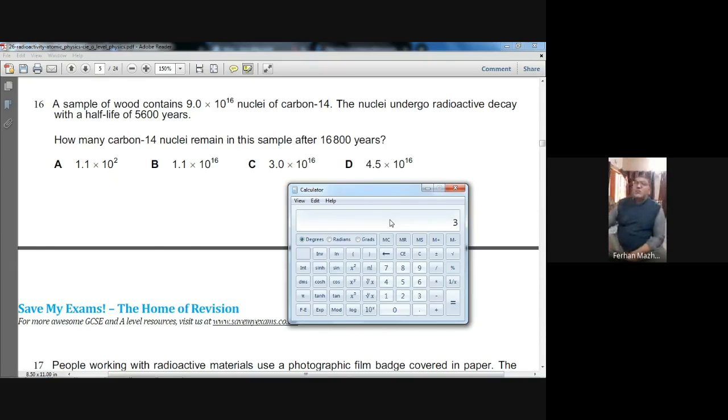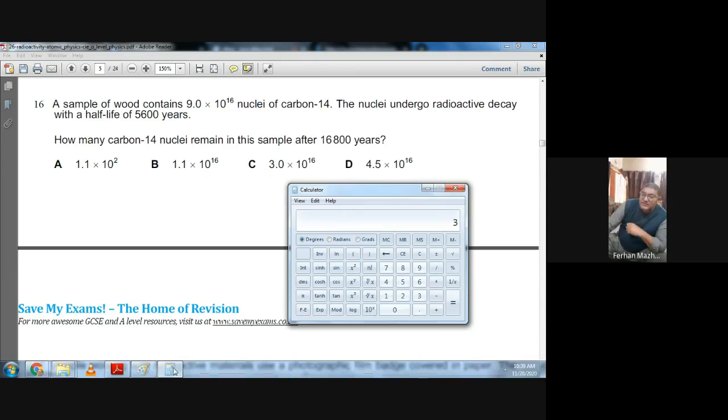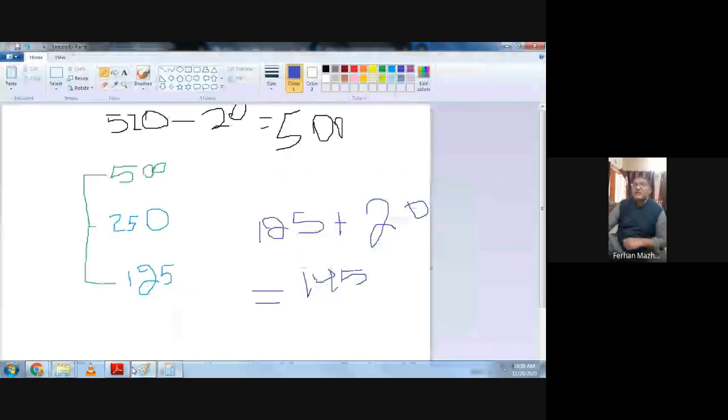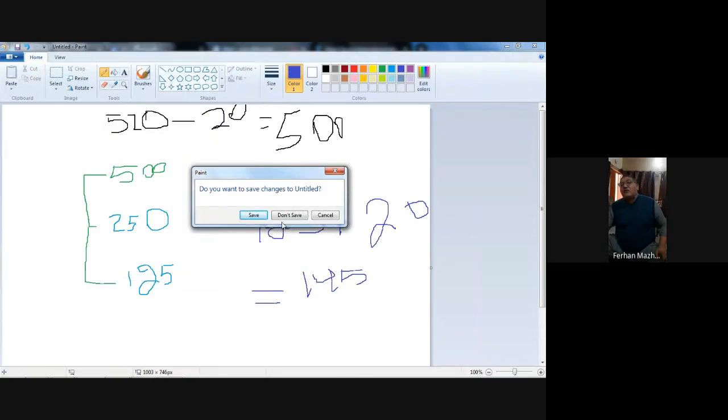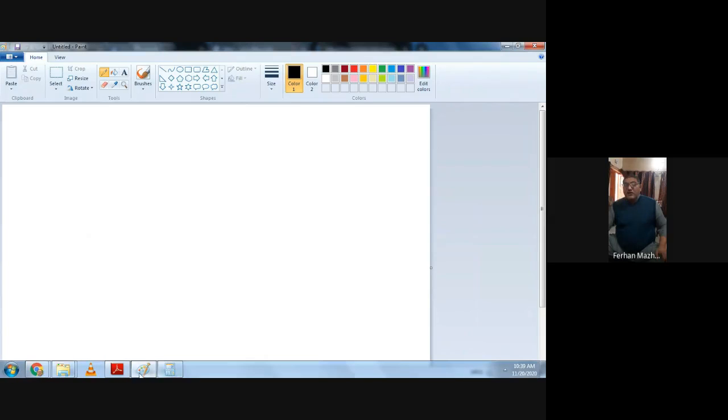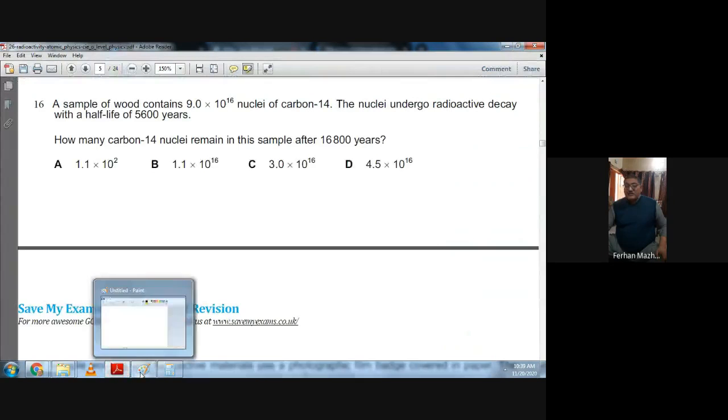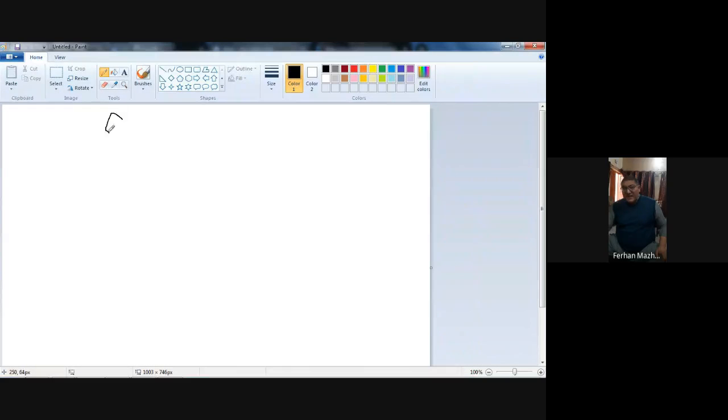Now we will see how many atoms remain in the sample. Initially there were 9 × 10^16.